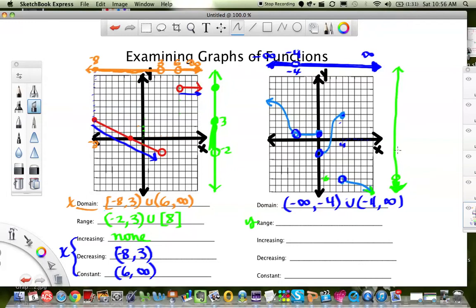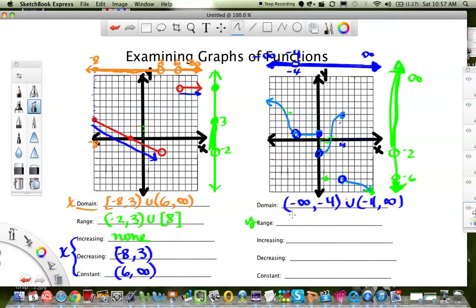And then it doesn't start back up again until it gets to negative 2. Then it's solid. There are values all along the y-axis here because of this out here. And then they continue, and then they continue off into positive infinity.